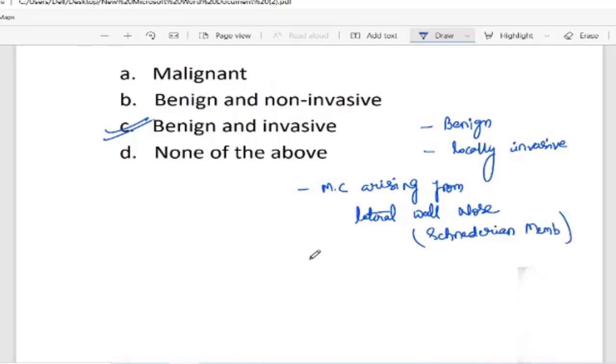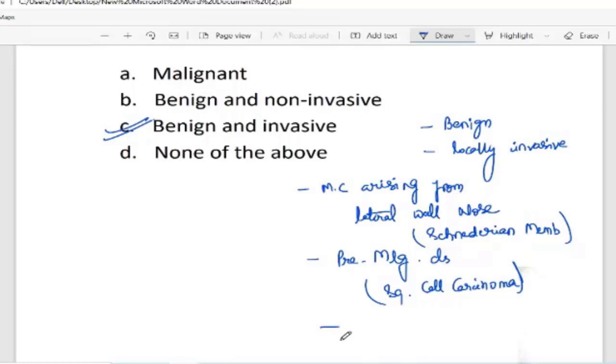And it is a pre-malignant disease, that is, chances of squamous cell carcinoma are there. So it is a pre-malignant disease, may lead to squamous cell carcinoma if not treated. It is a highly recurrent disease.